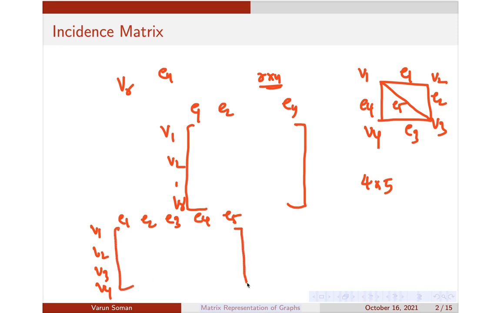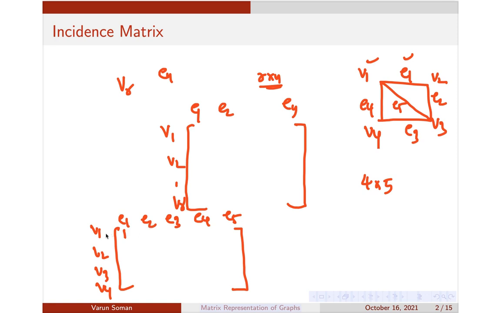If an edge Ej is incident to a vertex Vi, you will put 1 there. If it is not incident, you will put 0 there. That's it. For example, looking at the first column, E1 is incident at V1, so I'll put 1.